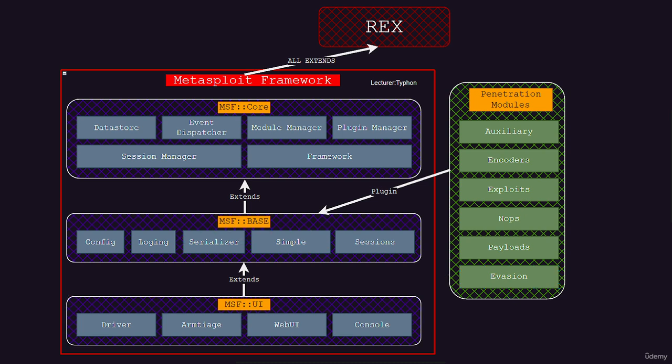And we also have these tools here. In addition to its modules and plugins, Metasploit offers a set of built-in tools. These tools simplify various aspects of penetration testing, such as reconnaissance, exploitation, and post-exploitation activities. They are designed to make the process more efficient for security professionals.